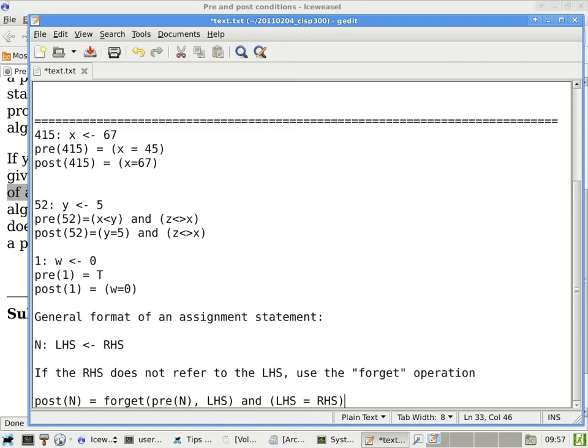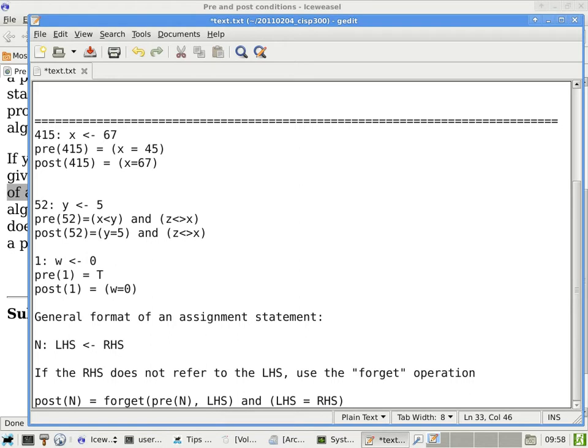So if line 52 there, instead of it being y is 5 or whatever, if it was y is y minus 5, then we cannot use the forget operation. We have another operation to apply to that case. But if it was plus 5, then we could still know that x would be less than y if we were adding to that side.